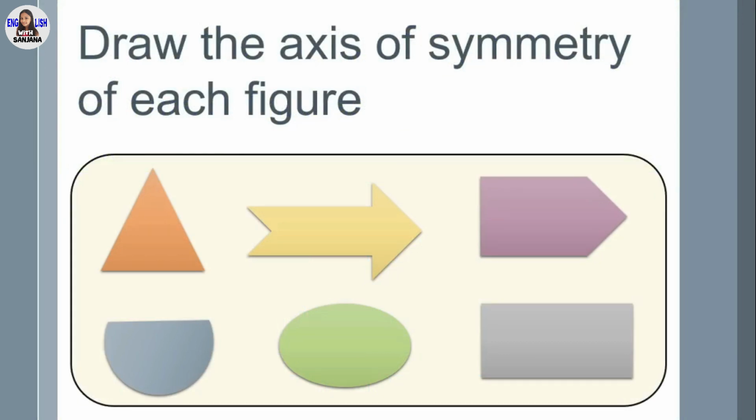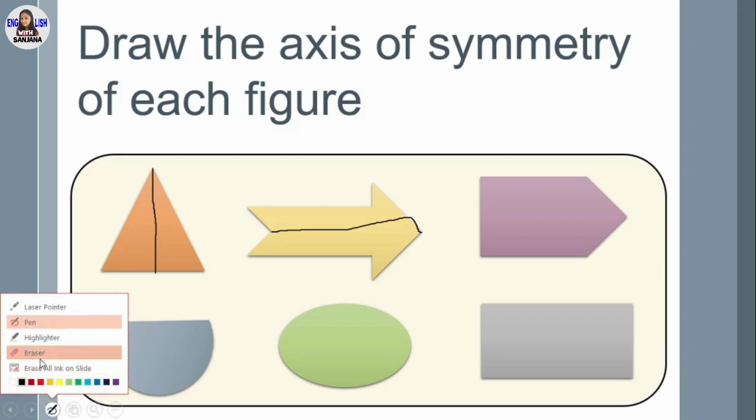Draw the axis of symmetry of each figure. Now let's draw them. I'm going to draw a straight line segment from this point to this point. Next, from this point to that point. I'm so sorry, friends. Let's draw it again.